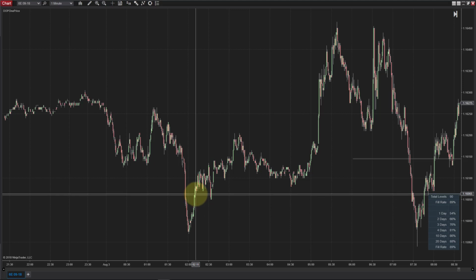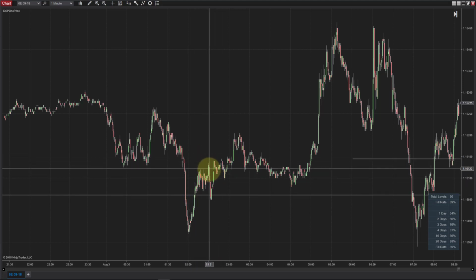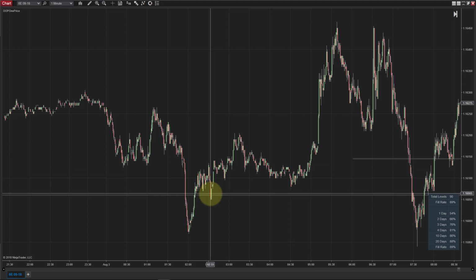If you're in a trade, it's not working out, and this doesn't reach your parameters for getting out of a trade, you're still in it, and it's coming back, it might be a really good idea to just get out of that position, because this is a very long trade. You're in this thing from 209, you're almost in for 30 minutes. About 25 minutes or so. That's a very long time to be in a trade that's not working out.